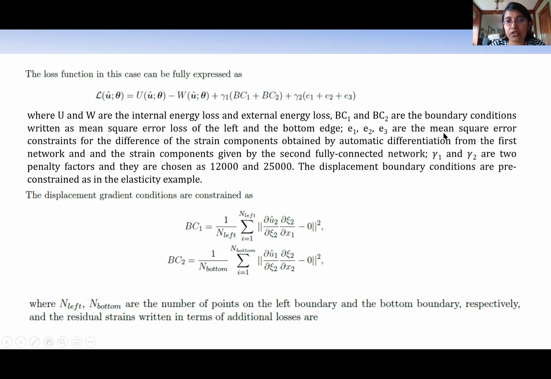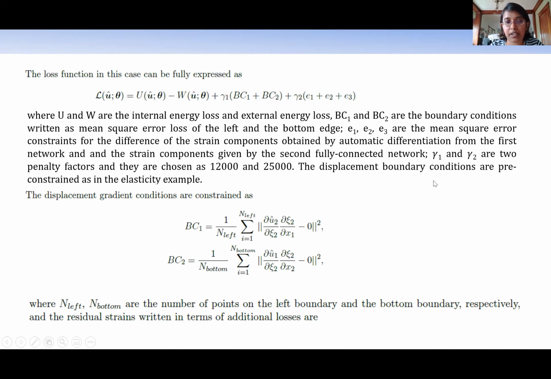And E1, E2, E3 are basically the mean square error constraints, obtained by the difference of the strain components obtained from the second neural network, where the strains are the outputs, minus the strain gradients obtained from the first neural network, where displacement is the output. And gamma 1 and gamma 2 are penalty factors, which are chosen as 12,000 and 25,000.